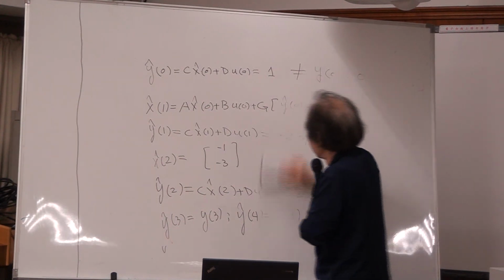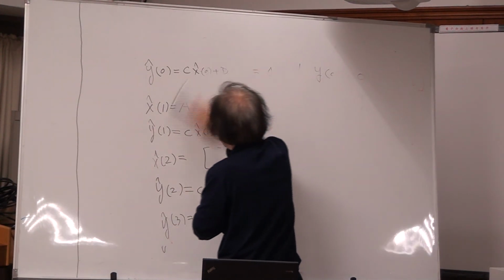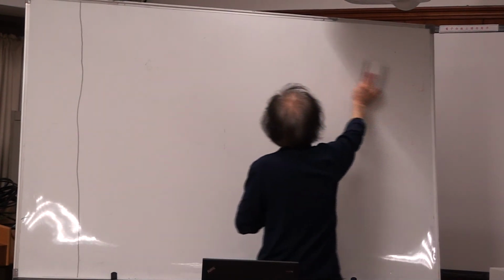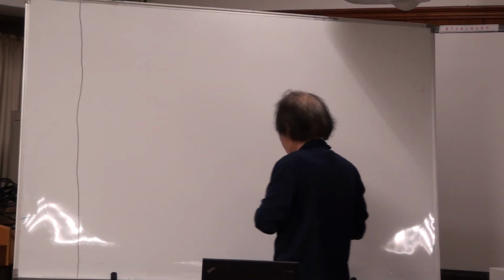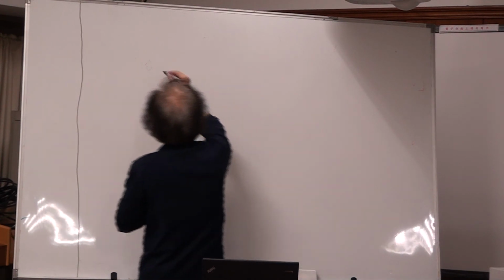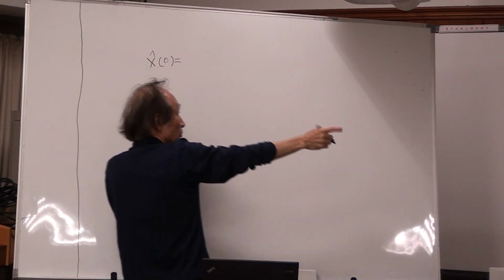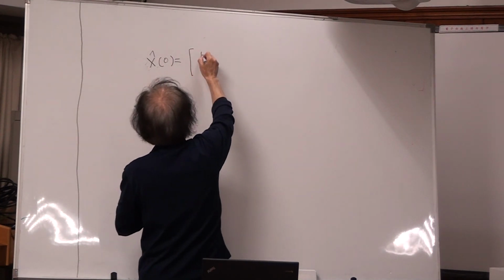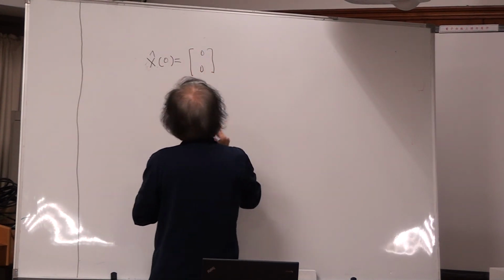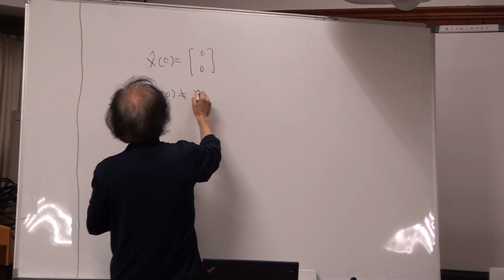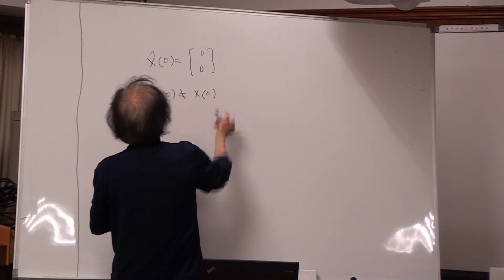So, this initial condition here, I need to explain to you, this is an important concept. Now, x hat 0 for this one is equal to 0, 0. Then we know that my x hat 0 won't be equal to real x 0. Alright?